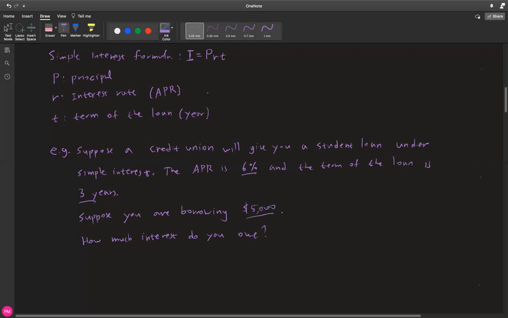By using the simple interest formula, we know that the interest is found as I equals PRT, where in this case P is $5,000. R is the APR, 6%, but because you have to multiply with all these numbers, it has to be in decimal.